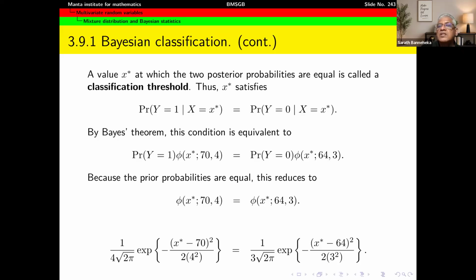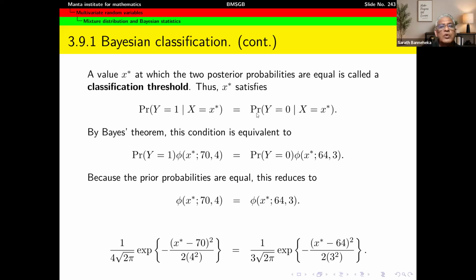But for what value of x will we have the two posterior probabilities, that is probability y equal to 1 and probability y equal to 0, given x is equal to some x star, be equal? So that is what you call the classification threshold.